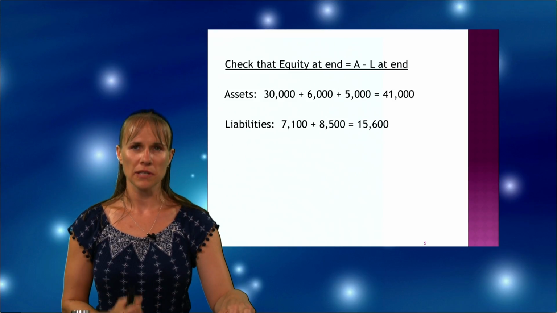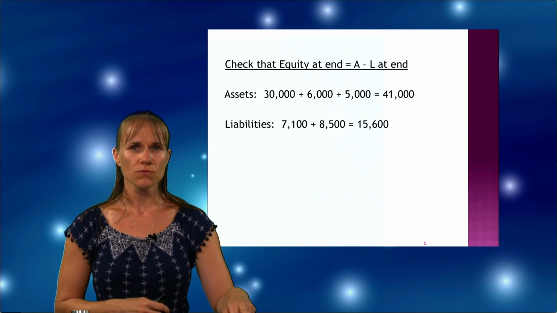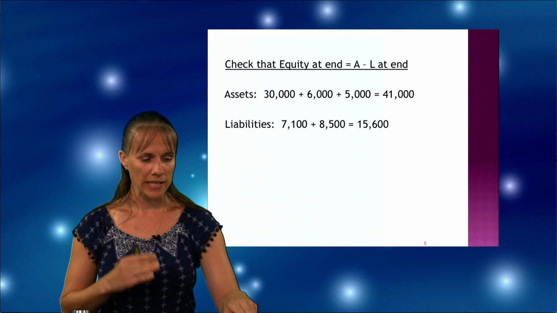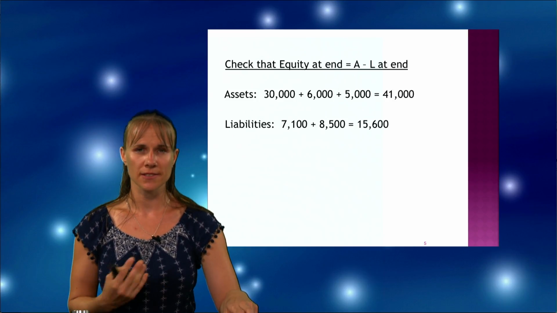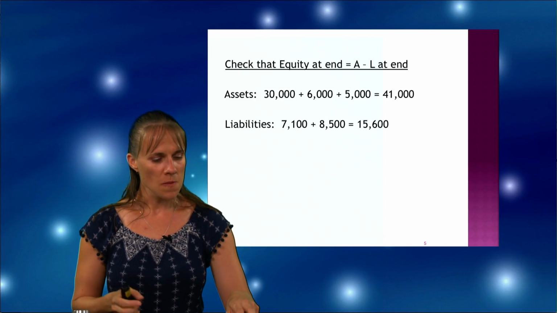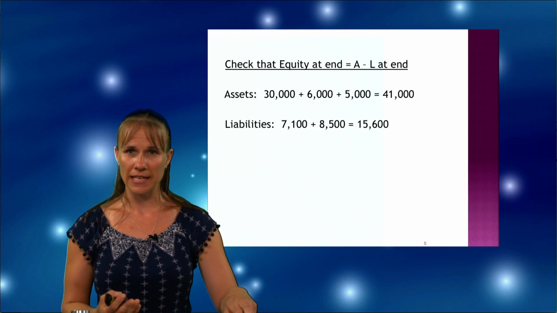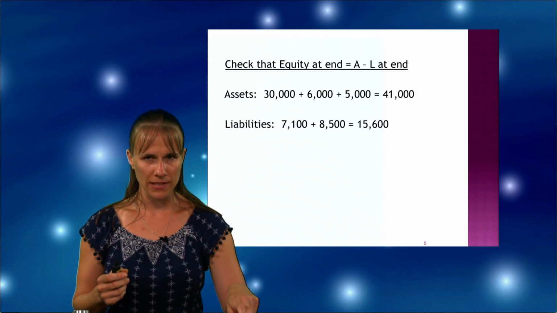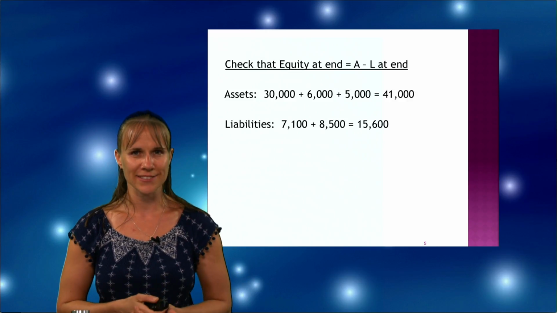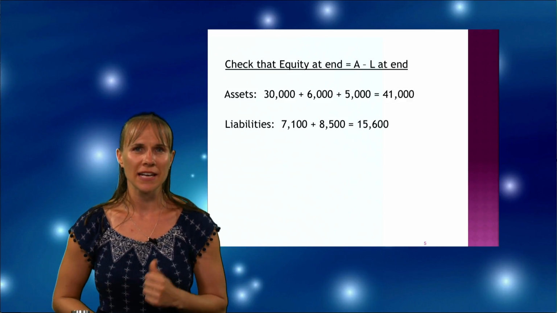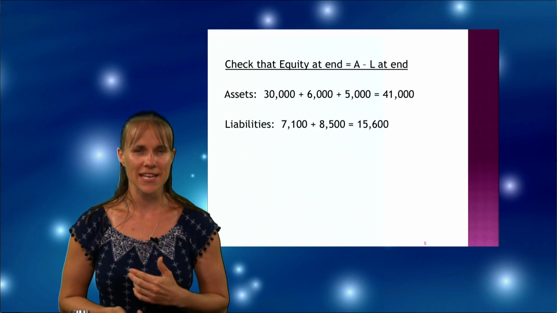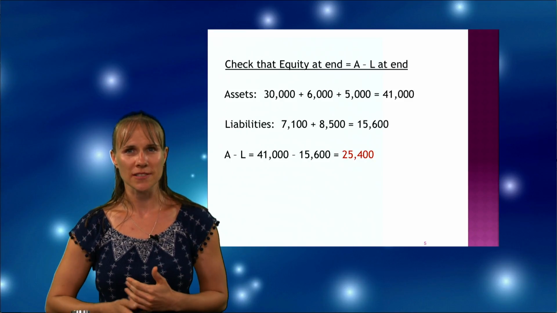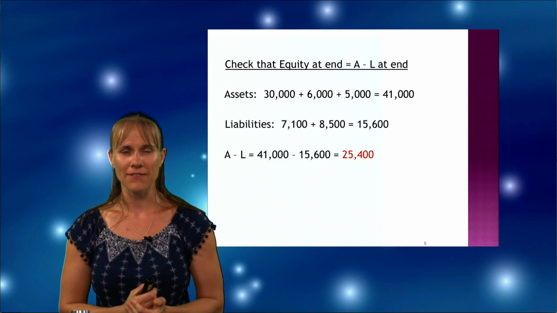Next, we want to add up liabilities. Looking back to the information that we were told, we had accounts payable of $7,100, and we have the bank loan payable of $8,500. So altogether, our liabilities come to $15,600. Now we have our totals.